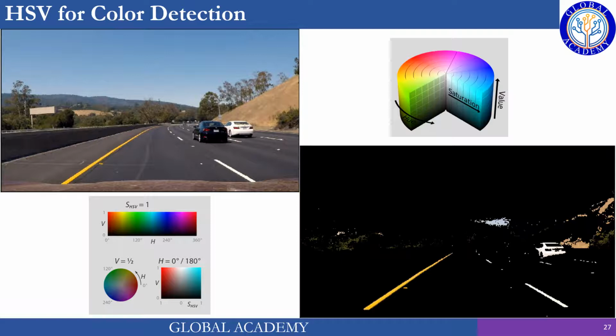The same image is masked using some if-else statements, like if the color is in between this range and the value is within this range, high value and low saturation, a smaller value of saturation and a higher component of value. So it's the white color.